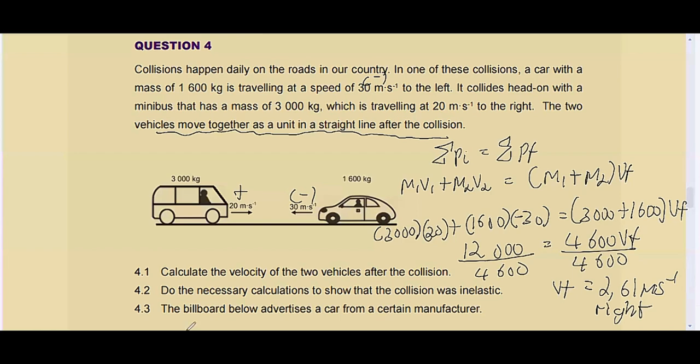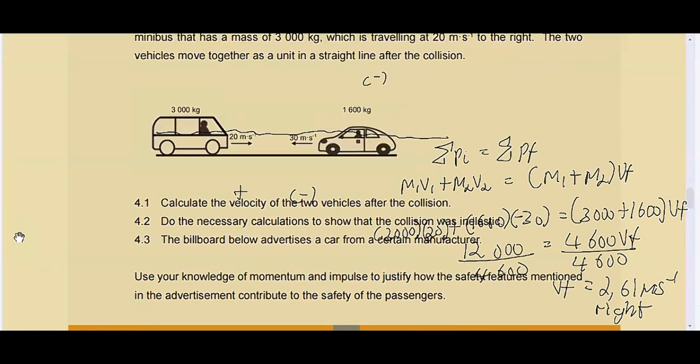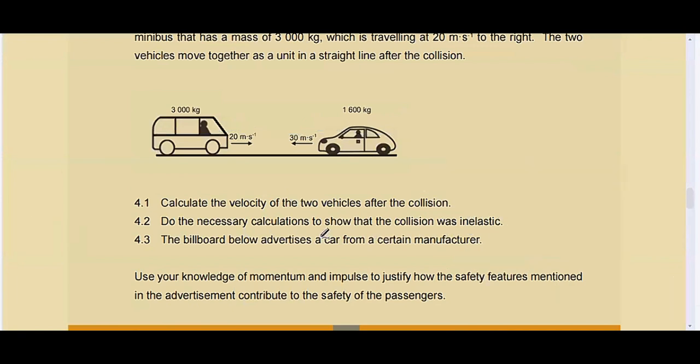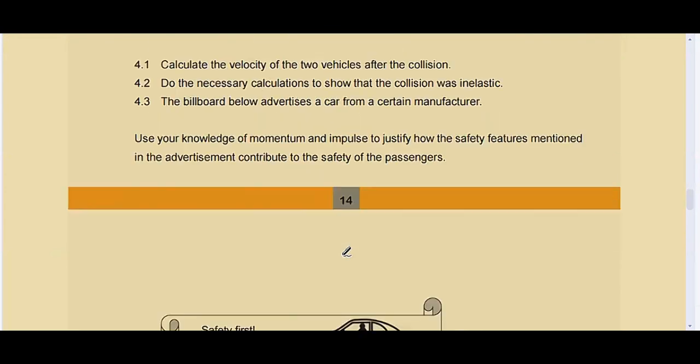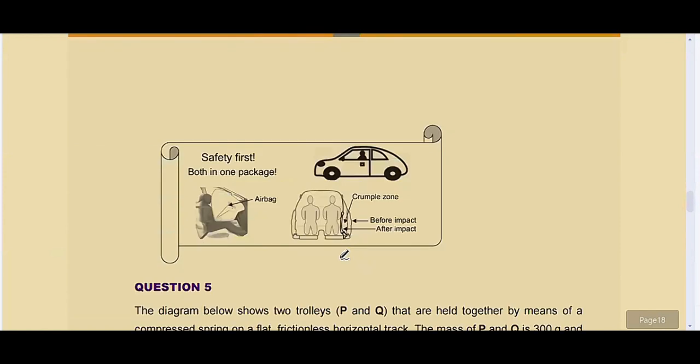Now 4.3 here says the billboard below advertises a car from a certain manufacturer. Use your knowledge of momentum and impulse to justify how the safety features mentioned in the advertisement contribute to the safety of the passengers. So we have this advertisement here, safety first, both in one package, your airbag and your crumple zone.